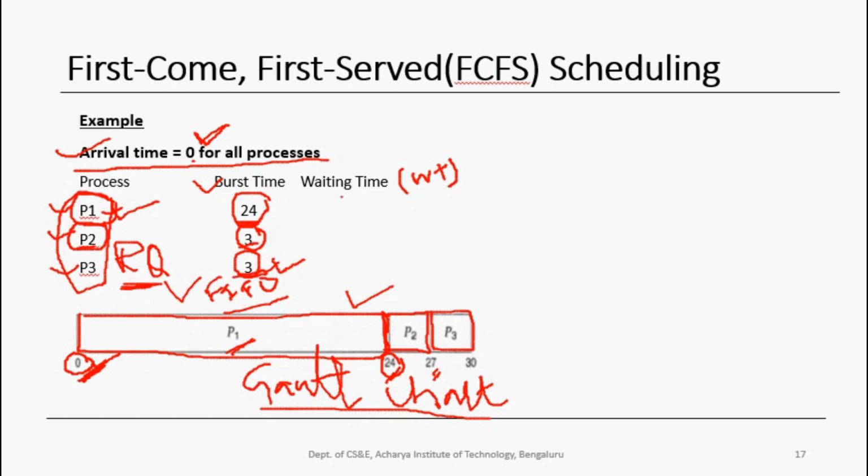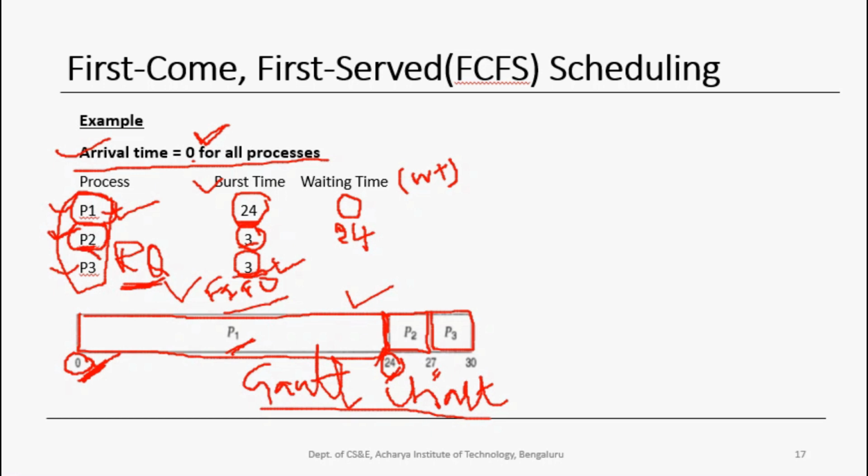So therefore, it waits for 0 time units. Whereas P2, though it comes at t is equal to 0 into the ready queue, will get the CPU only at 24. So that means it has to wait for 24 time units to get the CPU.